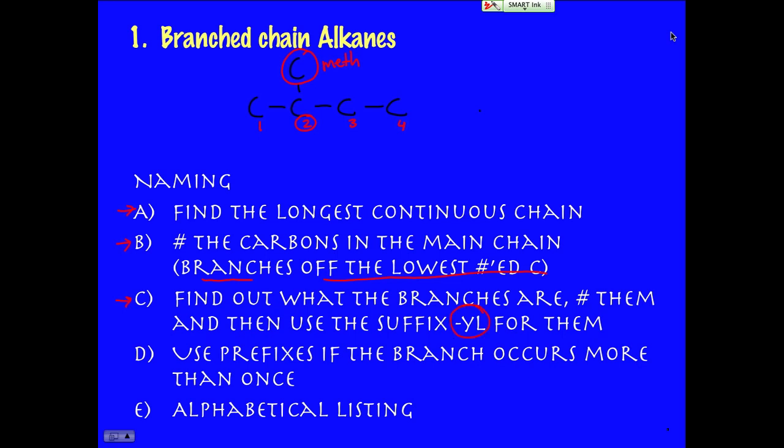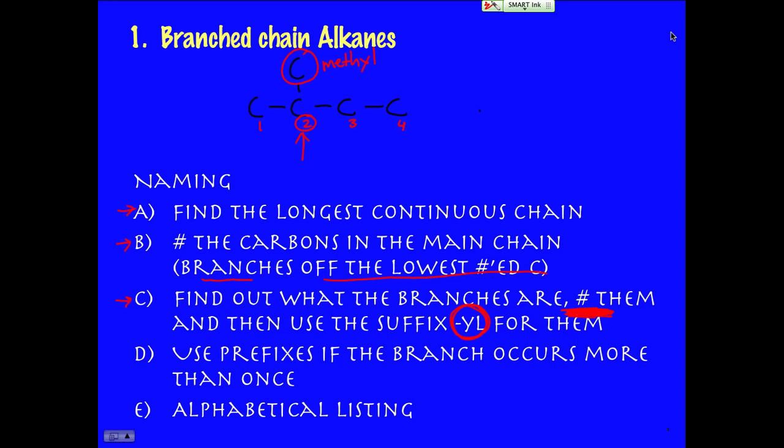And we're going to use the suffix YL. So, methyl. Methyl. All right. And when it says number them, what we mean by that is we're going to tell people that it's off of the second carbon. All right.